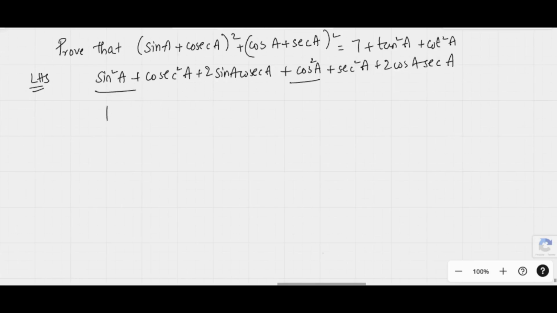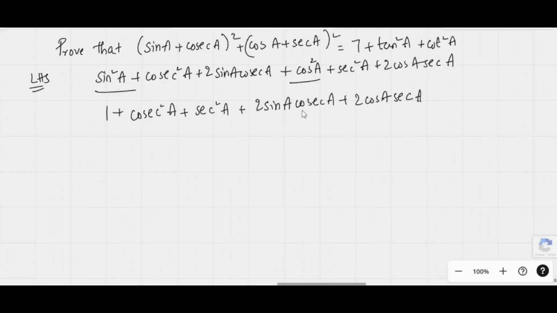So 1 plus cosecant square A plus secant square A plus 2 sin A cosec A plus 2 cos A secant A. So we got this long step. Now what can we do?